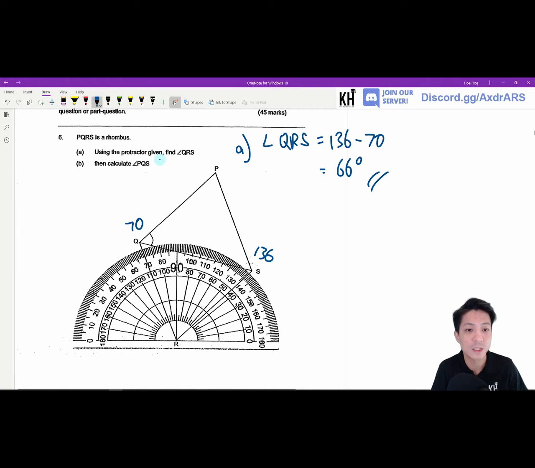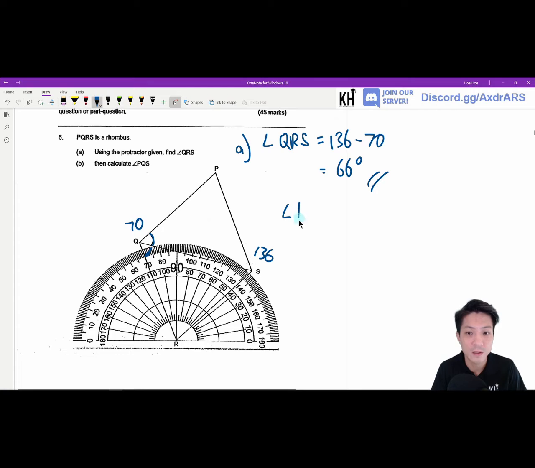Next, I need to calculate angle PQS. PQS is over here. I just need to find this angle over here, and then they are basically the same because it's a rhombus.